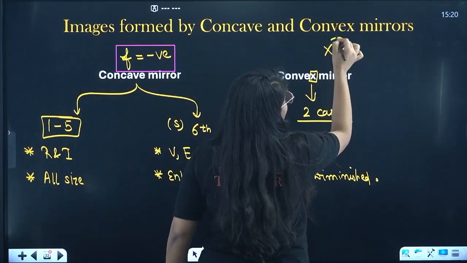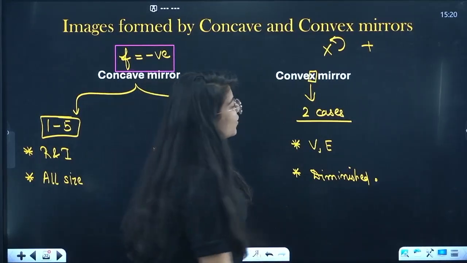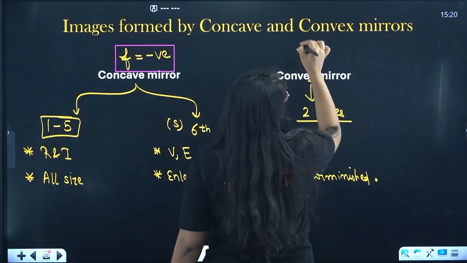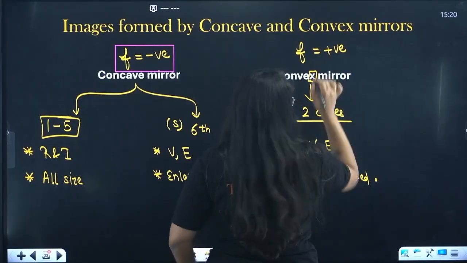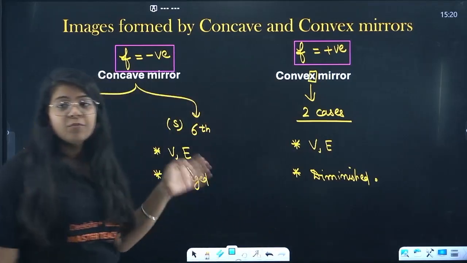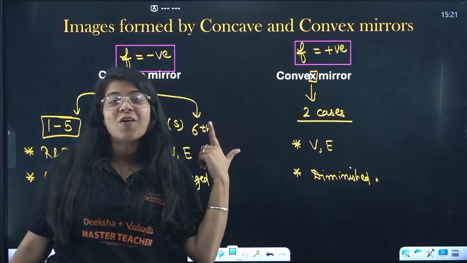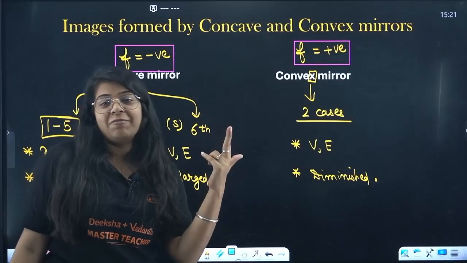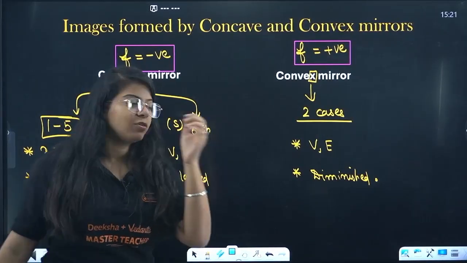If you rotate this x, it will be a positive sign. So that means the focal length of convex mirror will always be positive, and the concave mirror is just the opposite of what a convex mirror is. That means that will be negative. So x from convex means positive focal length, and then concave mirror will have negative focal length. That is the one thing you have to remember.